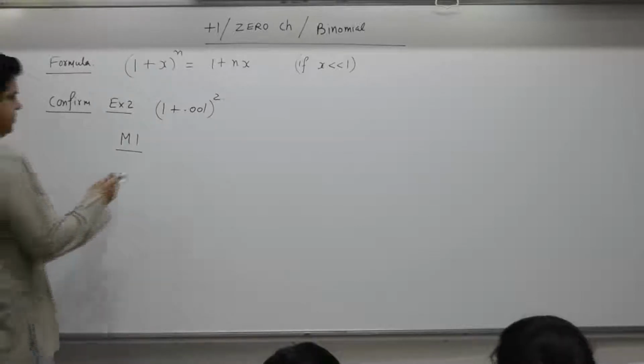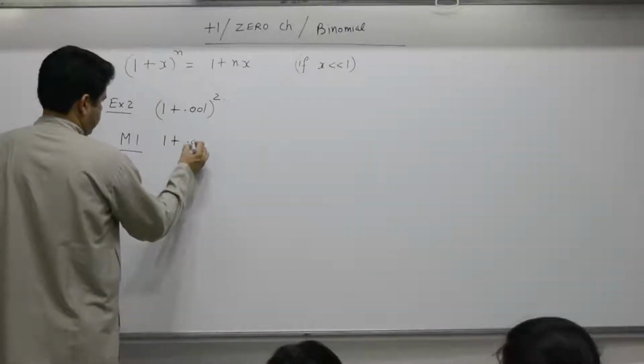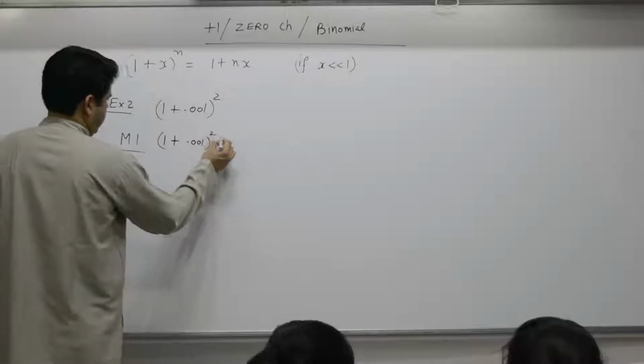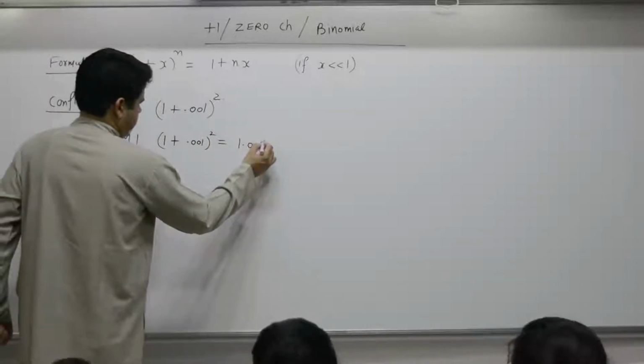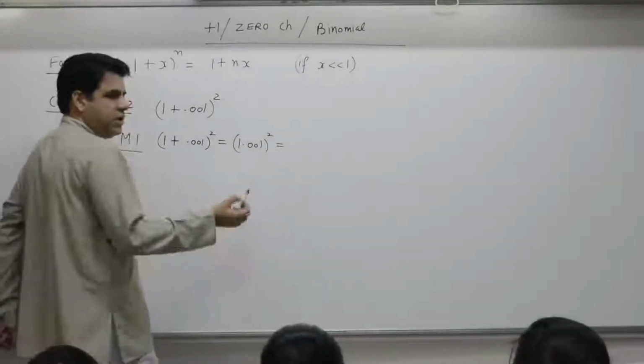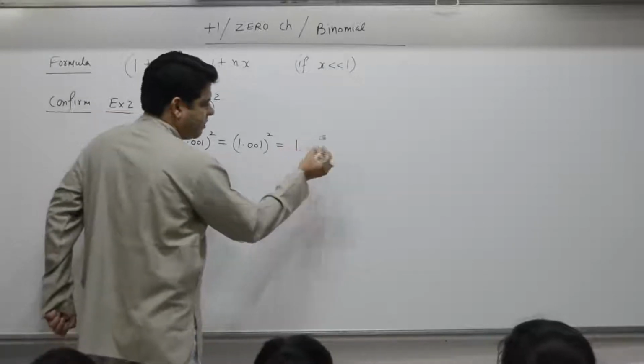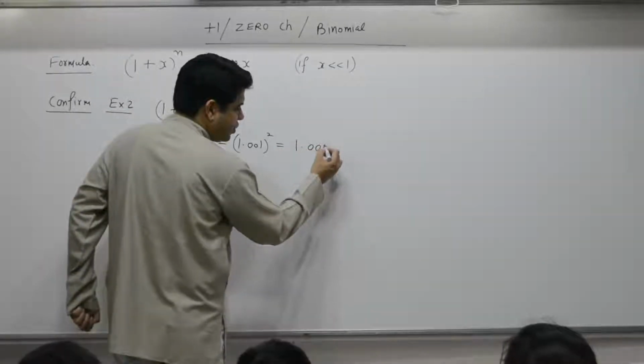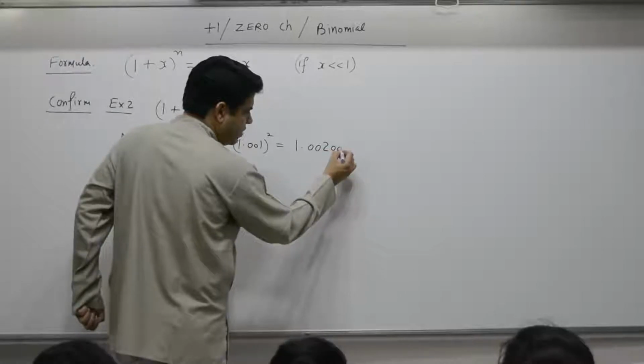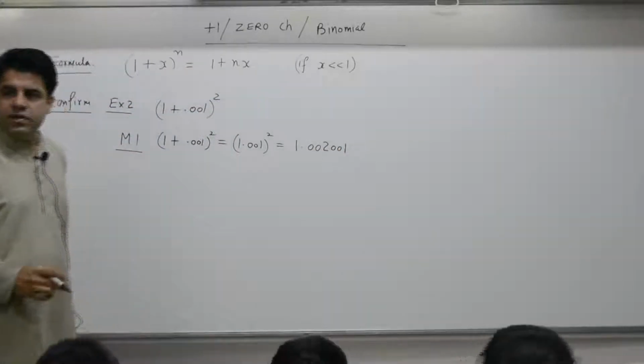School method: 1 plus 0.001 square is equal to what? 1.00... Are we getting the same?